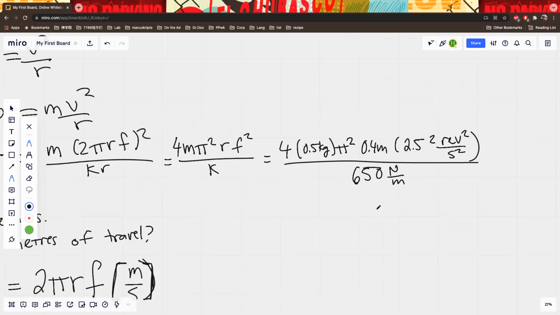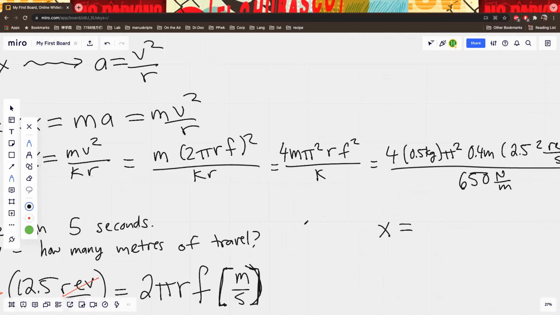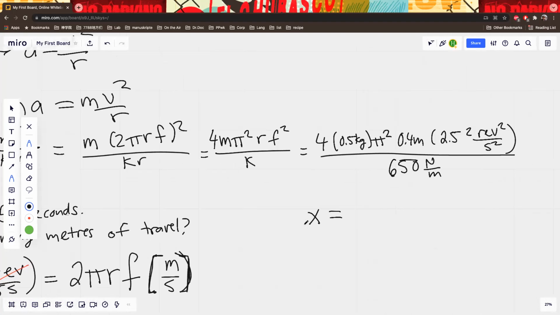The answer is supposed to be x equals, we're solving for x here, 0.09371 meters. And therefore the tension, which is equal to K times X, is supposed to be 60.9 newtons. Okay, so this question is okay? Yep.